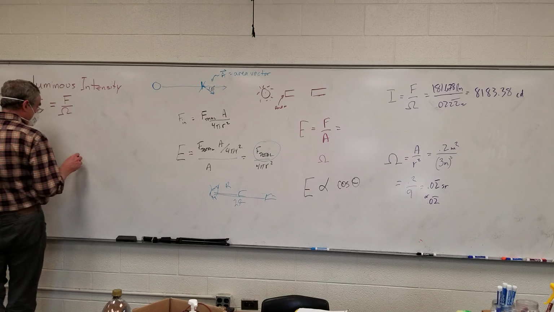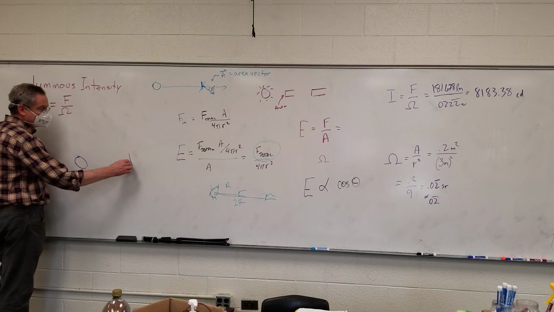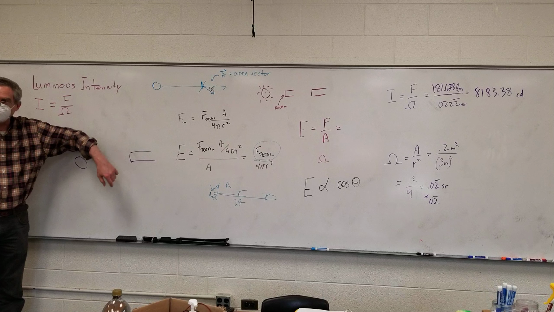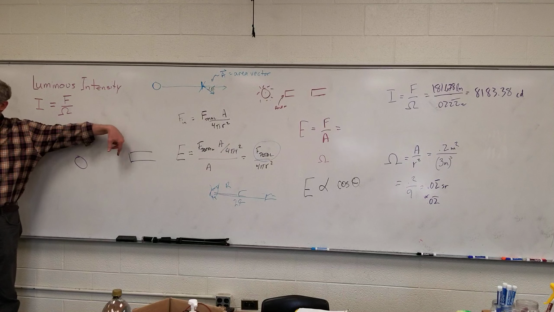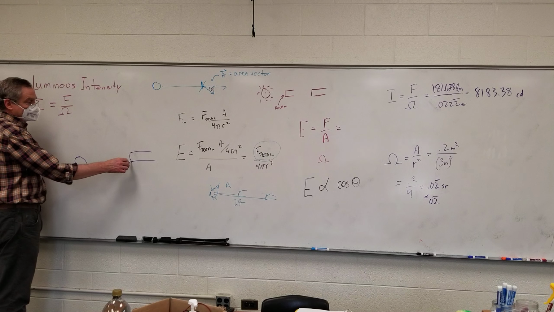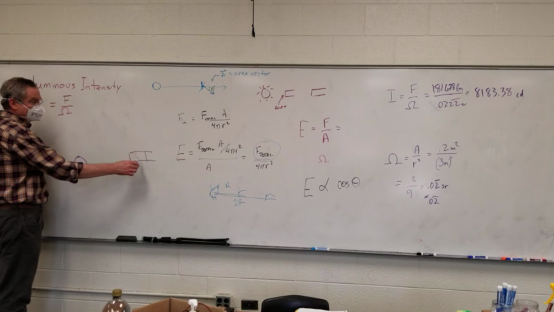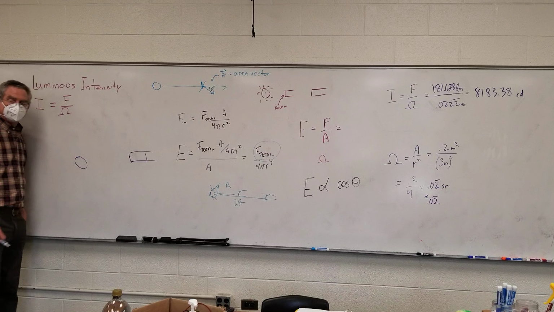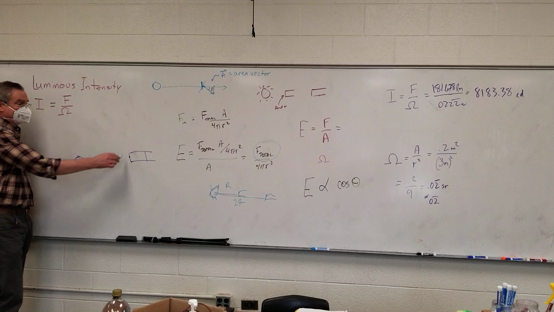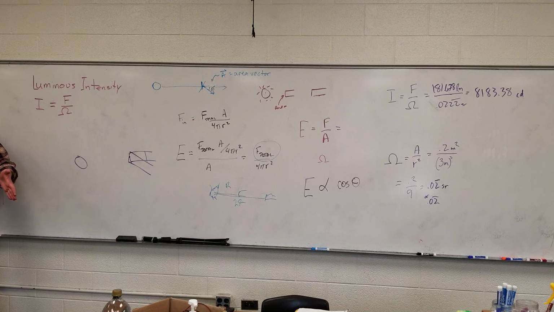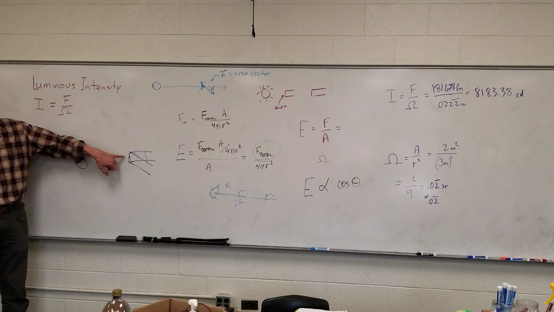You'll have the light bulb, you'll have the sensor straight on at some set distance, and you need to keep that same distance. You don't want to move it back or forward, at least the sensor part, because that's going to change it, as we just showed. And if we pivot about that point, then it's going to start moving away. We need to pivot about this point right here, smack dab in the middle, so as you move it, you're basically swinging the rest of the sensor around that middle point.